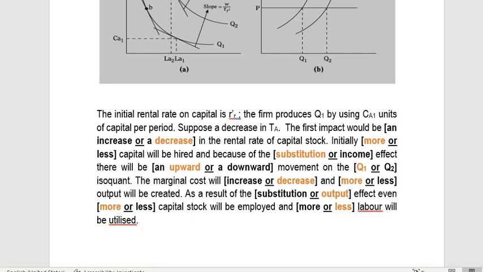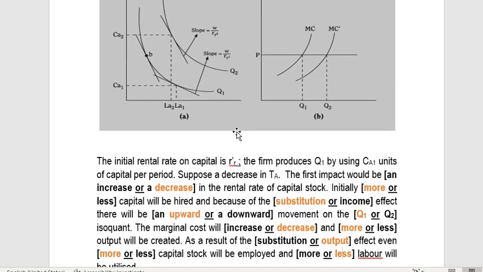This output effect will lead to us moving from point B over here to point C. At this point, you see that there's even more capital and less labor than we had. That's basically the whole movement and the whole process.